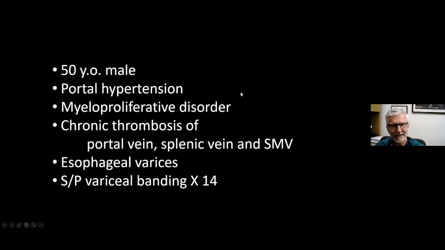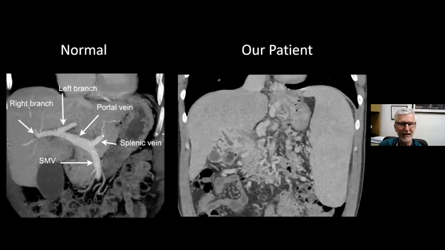One of our cases is shown here, a 50-year-old man with myeloproliferative disorder, portal hypertension, chronic occlusion of the portal venous system, splenic vein, and superior mesenteric vein. This patient was banded several times, 14 times, and then came to our attention to see if we can do something for him. So I'm showing you on the left side of the screen a patient with normal portal venous system, wide open portal vein, mesenteric vein, splenic vein.